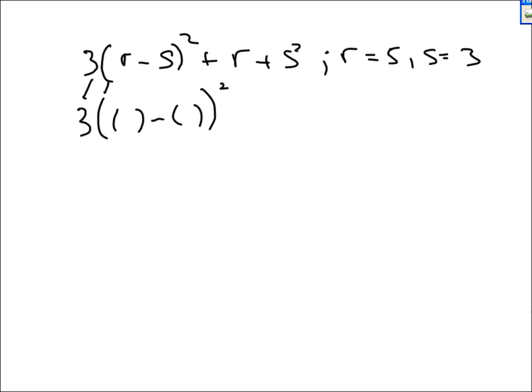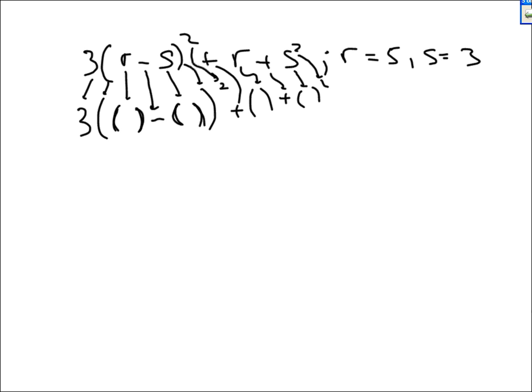There's this 3, there's the open bracket, r in parentheses, there's the minus, s in parentheses, there's the closed bracket, there's the square, now the plus sign, now r, now the plus sign, now s in brackets, then the square, and that's it.